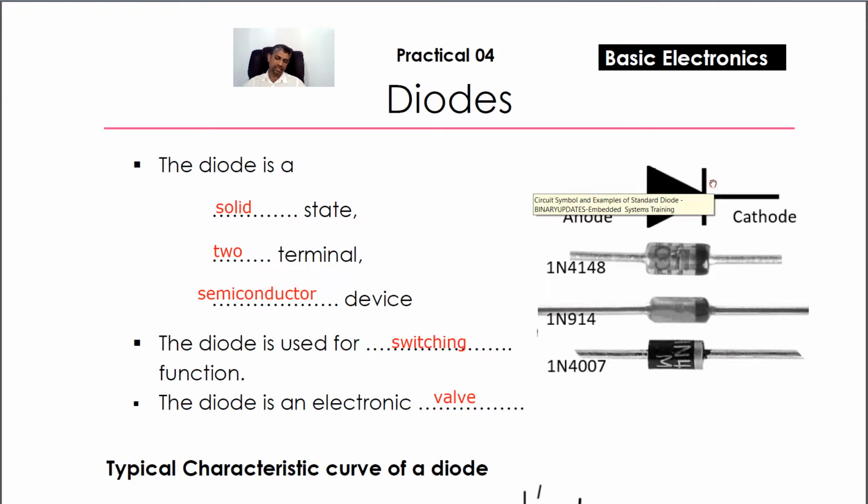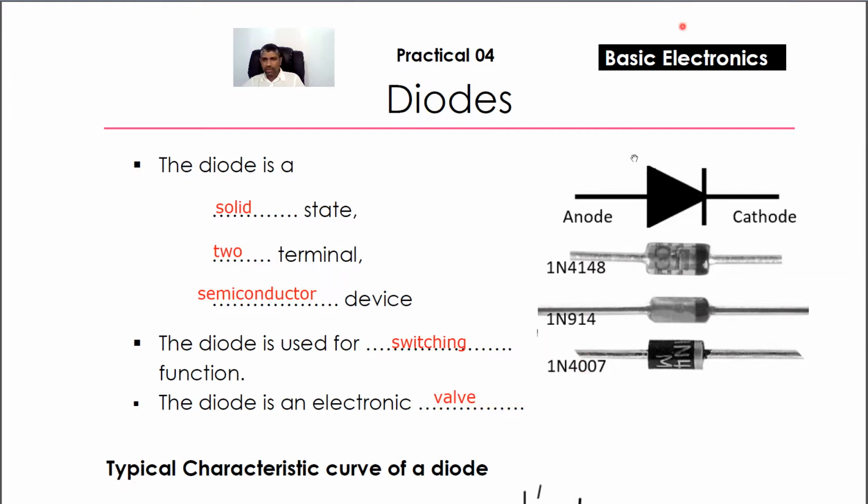You can't flow current. That's how shape is related to function. One direction is possible, the other direction is impossible. This is the 1N4148 diode. It is also available in your package. And I have also put in a 1N4000 diode.